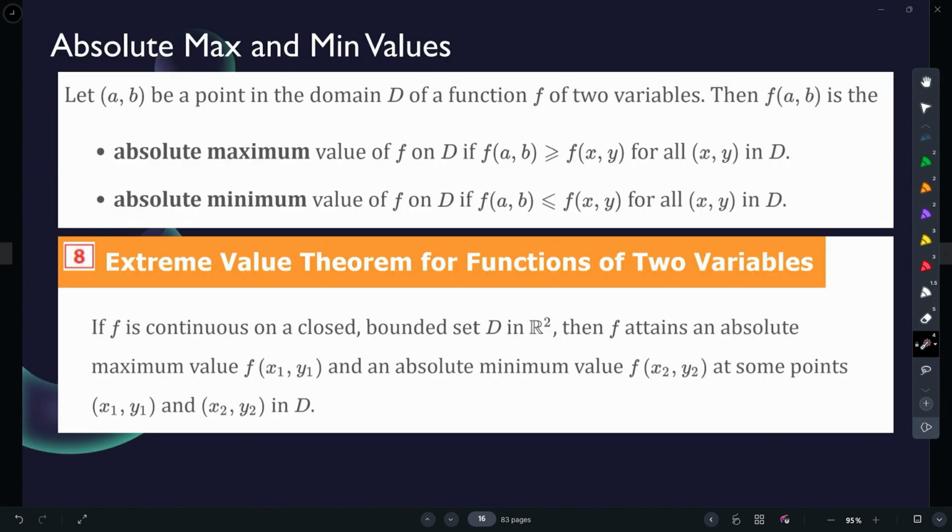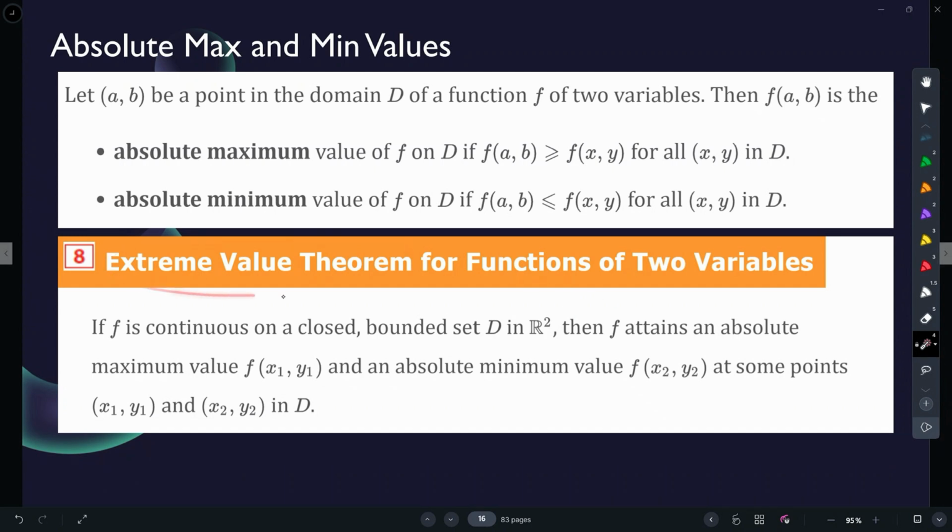So now that we know how to find where the local max and mins might be, we need to figure out the global max and min of a function. The absolute maximum will be a value at some point of the function that is larger than all the other values of the function in the domain. And an absolute minimum will be a value of the function that is smaller or equal to any other value at any point of the domain.